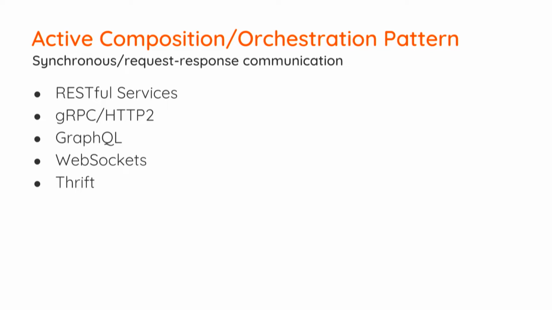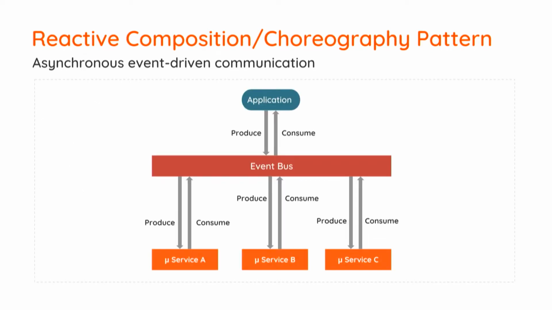GraphQL is also popular, especially when you have services which are not really resource-oriented, where you need to change the output based on the client's request and the client's behaviors. So GraphQL is getting very popular in that domain. WebSocket and Thrift are not that popular, but are two possible techniques. So let's move on to reactive composition or choreography.